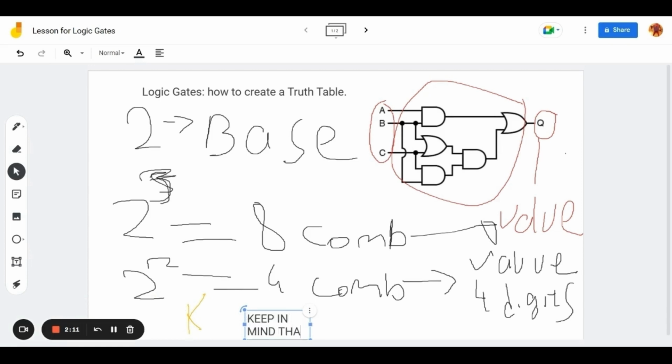Keep in mind that all of this is done in binary. That is why two is the base for our exponent.